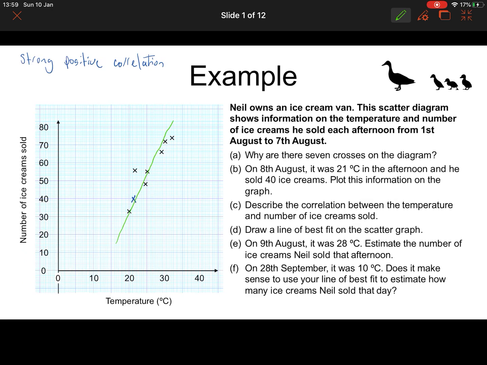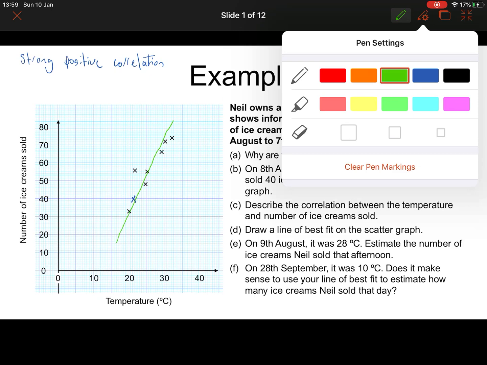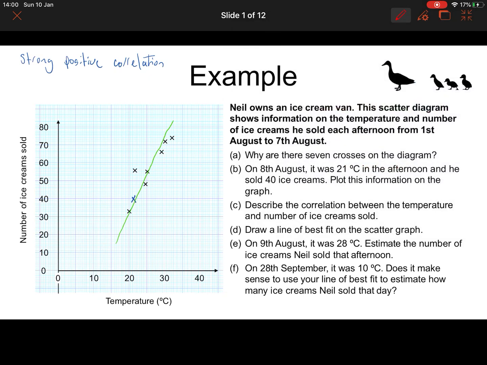So we've drawn the line of best fit. It says on the 9th of August, it was 28 degrees C. Estimate the number of ice creams sold that afternoon. So we use our line of best fit. We go to 28, which is, 30 is here, 28's here.